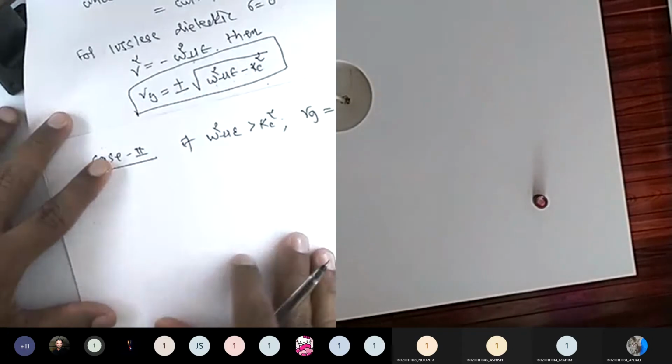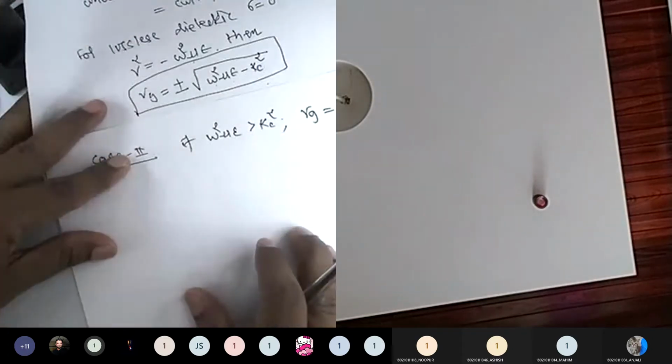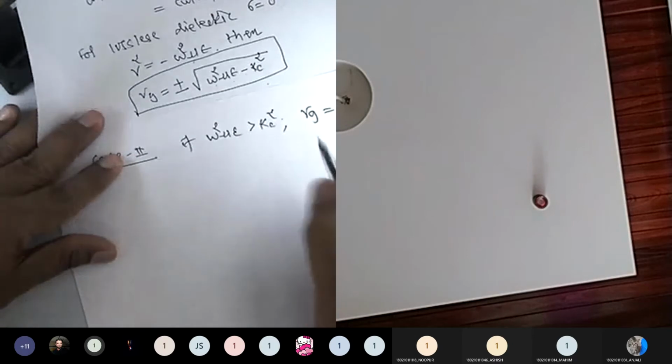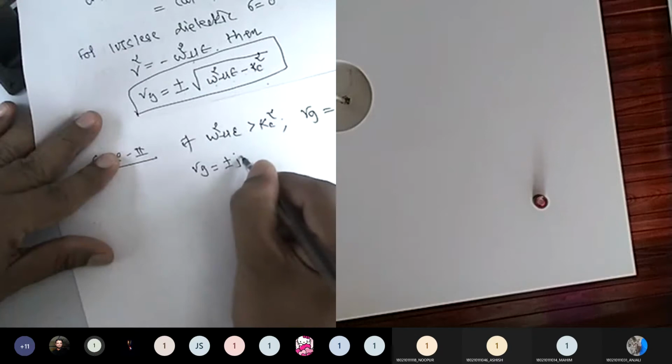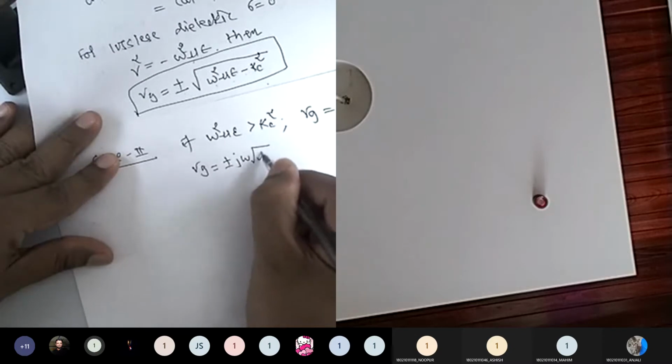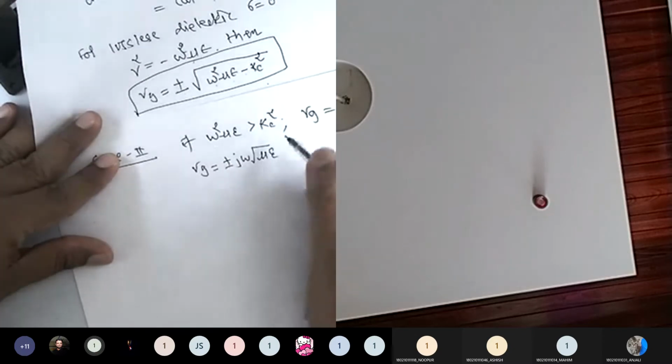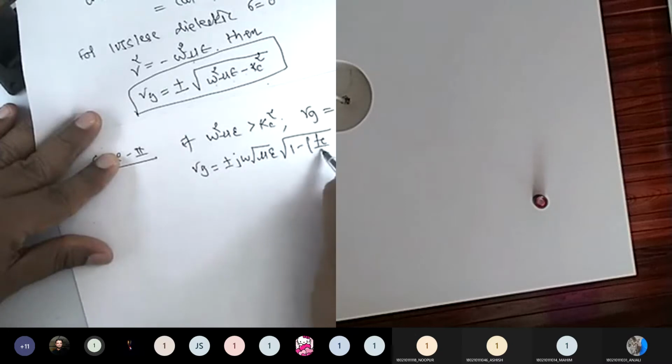Where beta g is nothing but our guide phase constant. So it means that gamma g is nothing but plus or minus j omega square root of mu epsilon, in bracket 1 minus fc over f whole square.